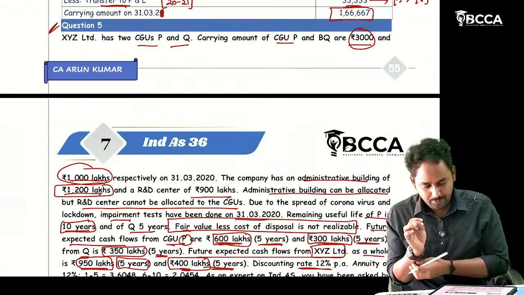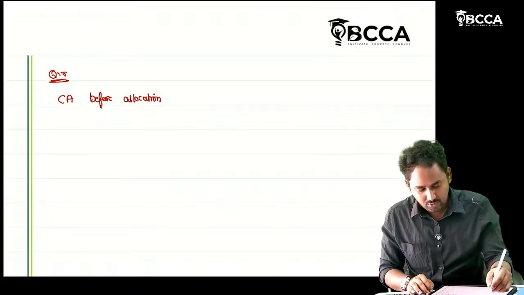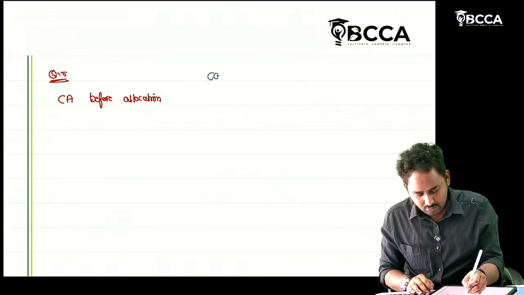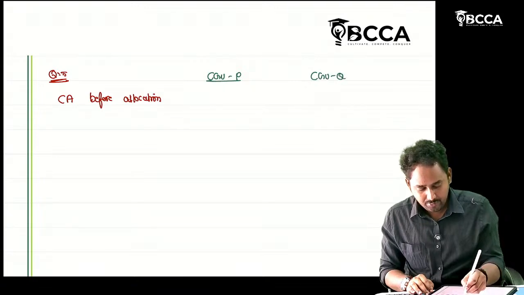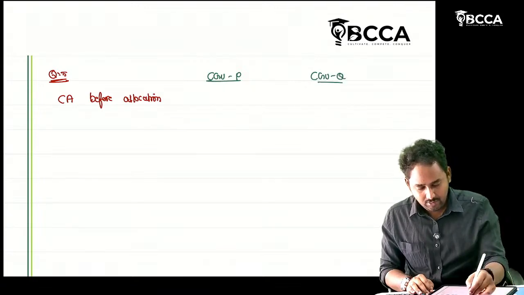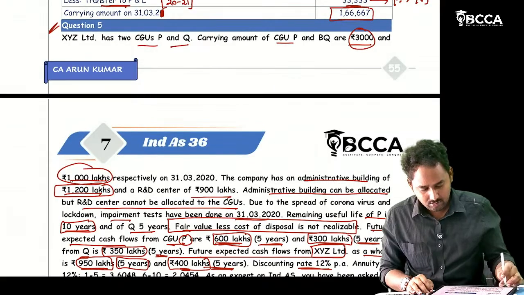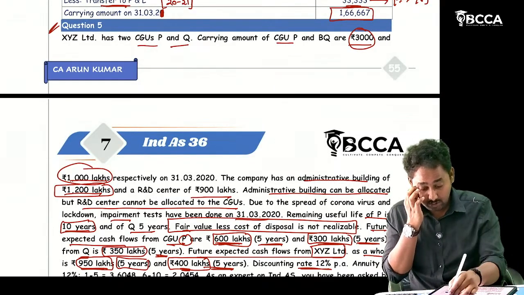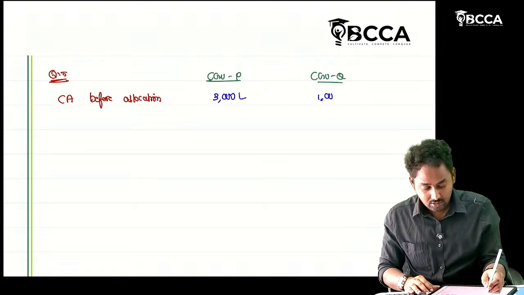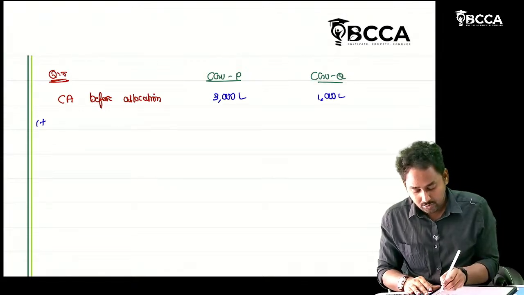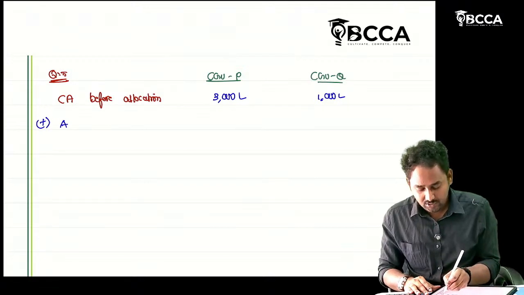Corporate asset, P and Q. Sorry, CGU P and CGU Q. What are the values? 3,000 and 1,000. So 3,000 lakhs and 1,000 lakhs. So I should allocate the admin building.